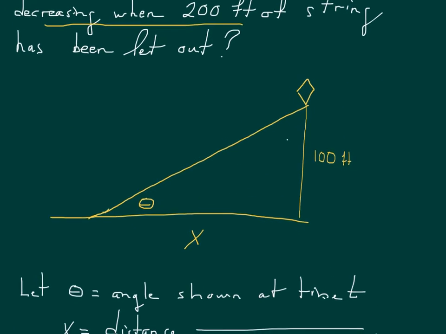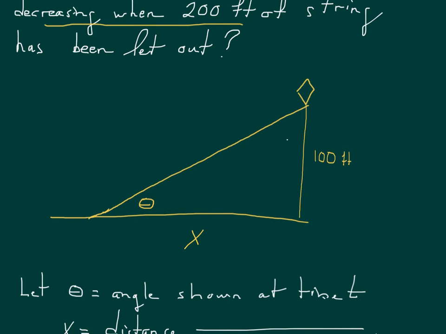So the question is, how can I relate this theta to the length of this side of the triangle, which is adjacent to theta, given that I know the length of the side that sits opposite to theta? So how do theta and the adjacent and opposite sides relate?